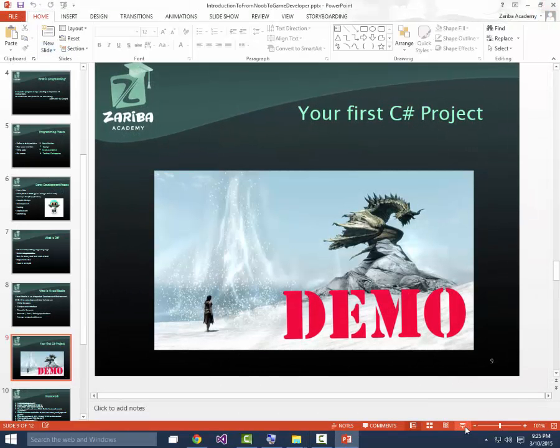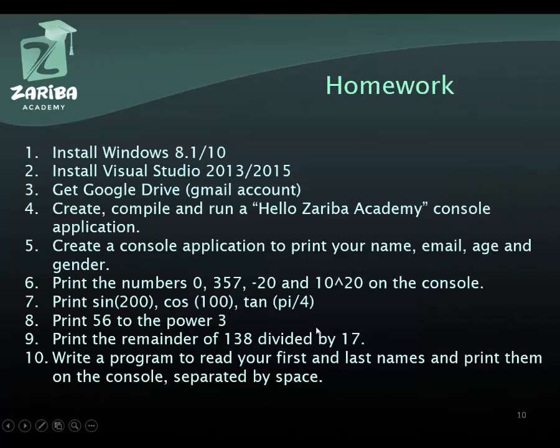Let's have a look at a bit of the homework. The first 3 things: install what you need to install. I strongly suggest Windows 8.1 or 10. If you don't have the time, or you have lots of files on your C hard drive, then you can wait.